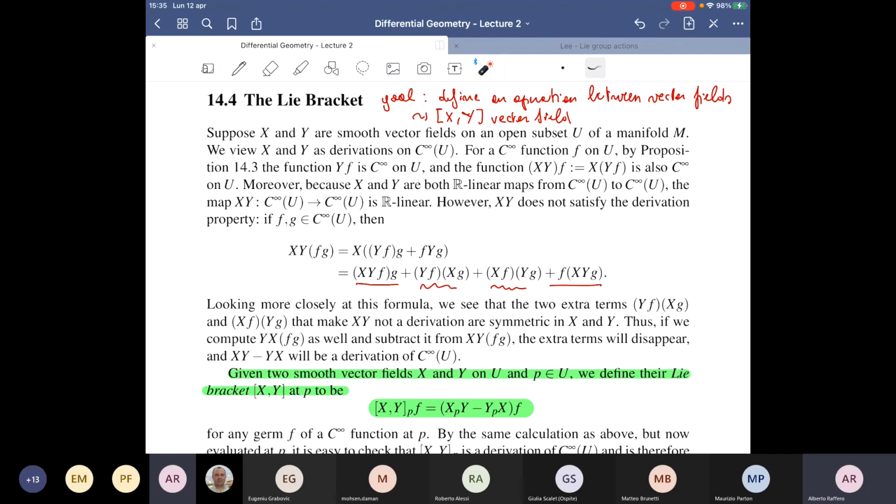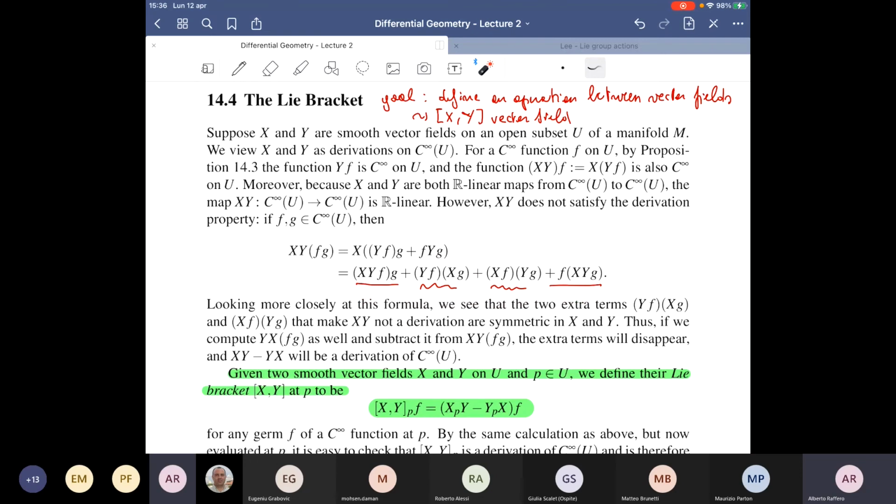What you have to do if you want to obtain a vector field on the manifold is to try to cancel in some way these two summands. If you have a look at this expression, you see that if you compute the same expression but changing the roles of Y and X, you will end up with again these two objects, with Y and X switched.